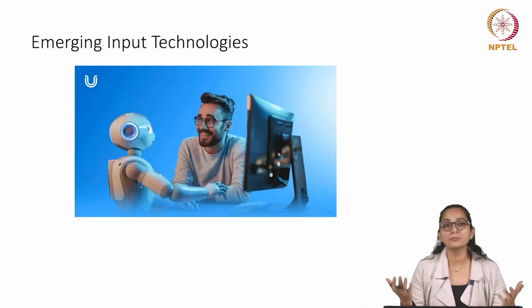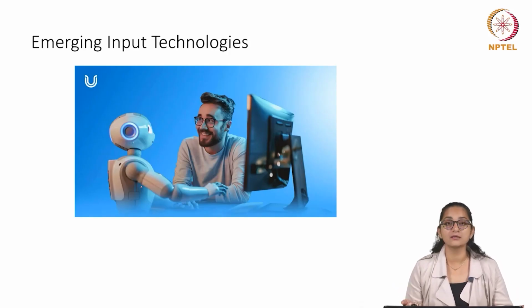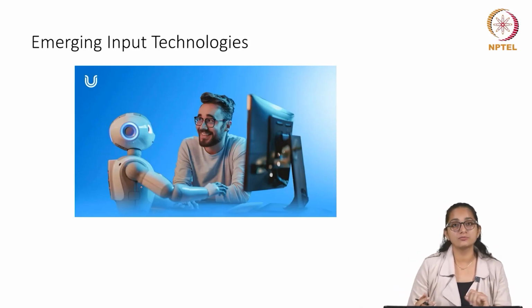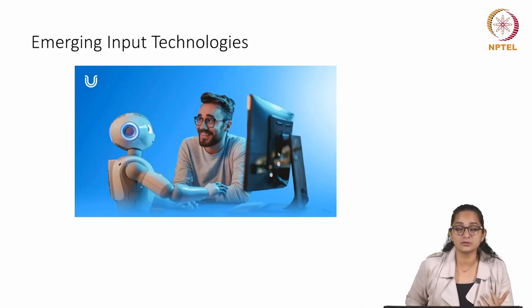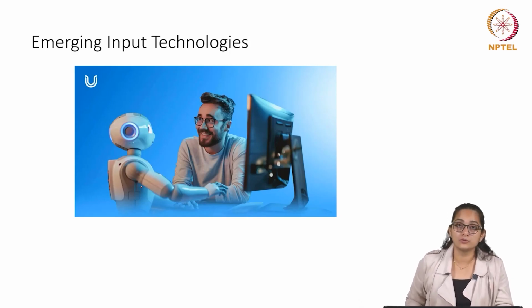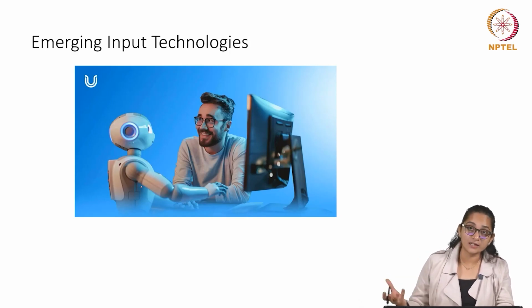So, in the future it may look like we are interacting with a robot, and we are just telling the robot to do things for us. The robot is able to decipher the semantic meaning of what we are saying and is able to act accordingly.